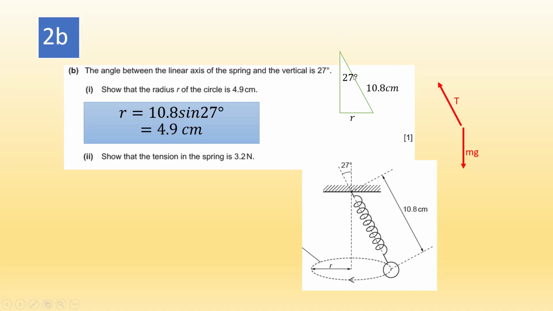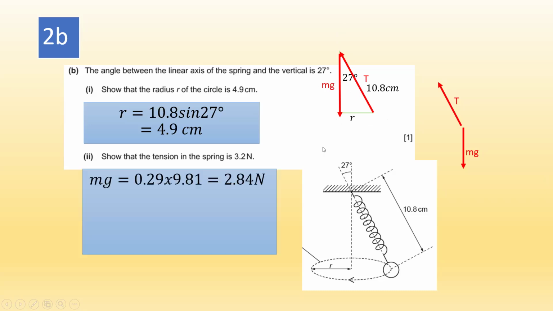Where this now represents the tension T, this represents the weight mg, and this represents the centripetal force. So mg: the mass is 0.229 times 9.81, so we get 2.884 Newton.